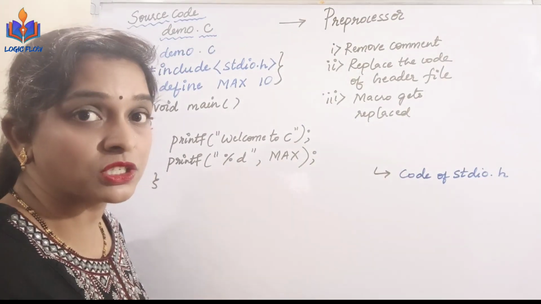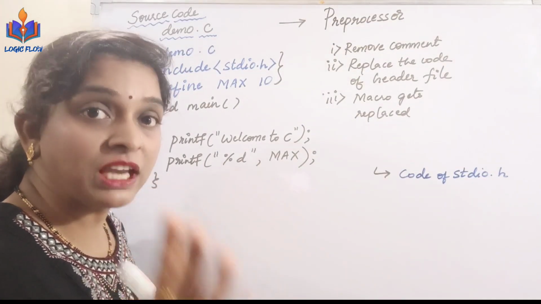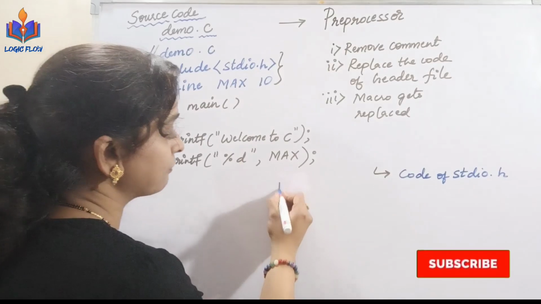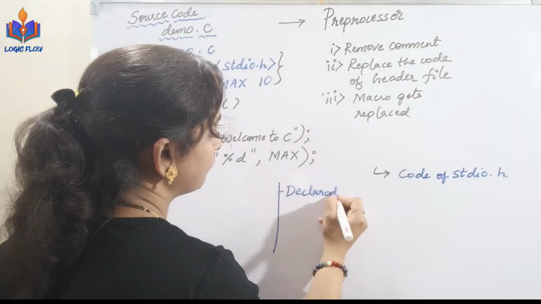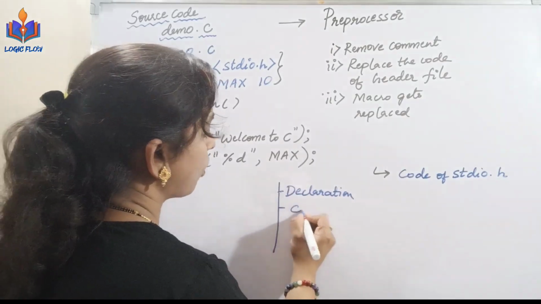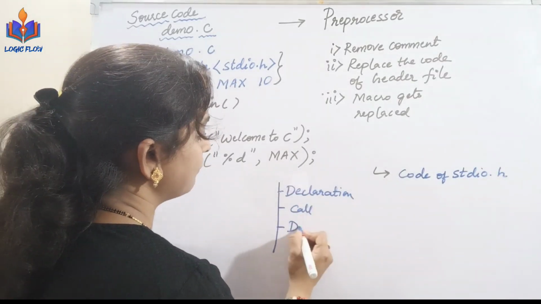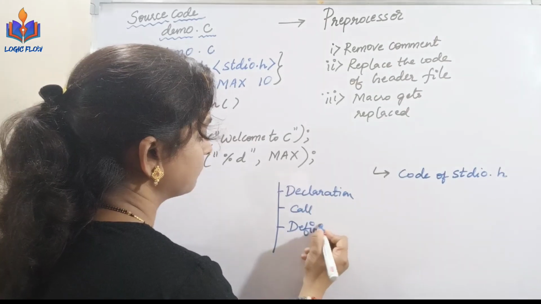Talking about the function, we have three parts: the declaration, the call, and finally the definition.